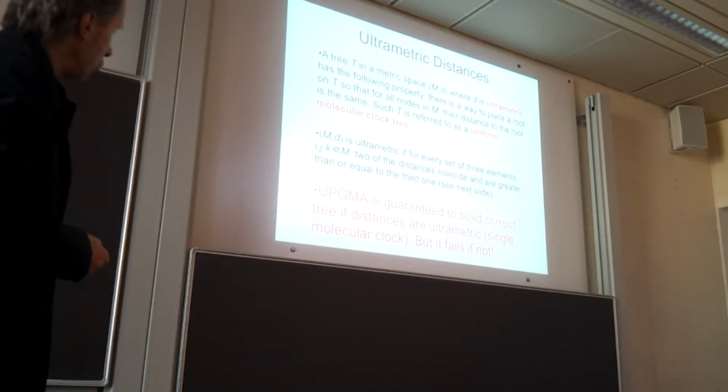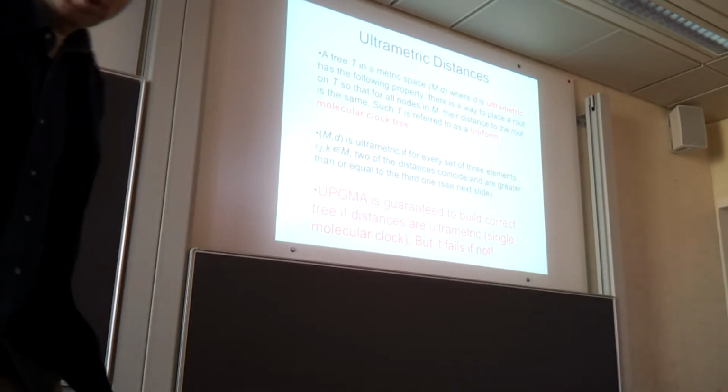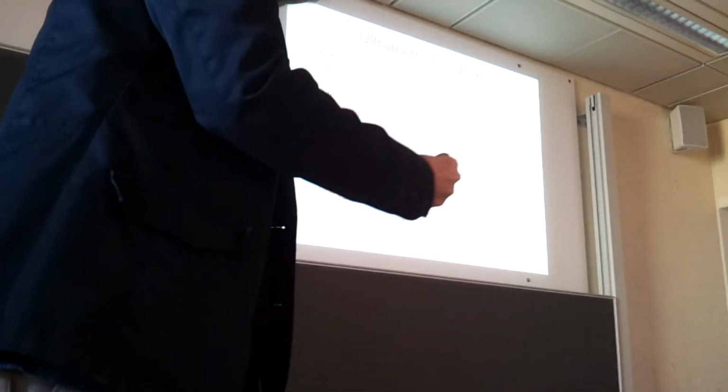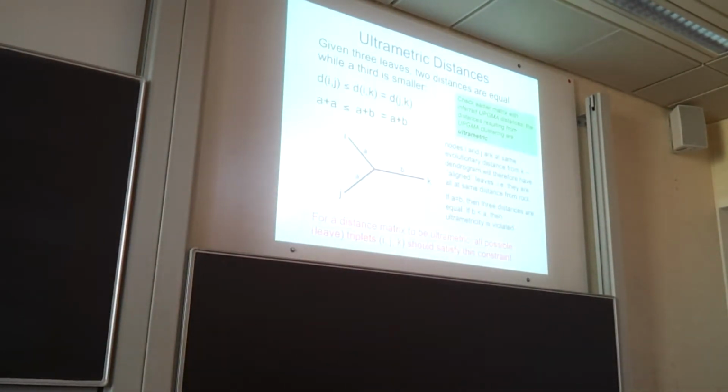So under that condition, UPGMA works well if the planet ticks uniformly. We know it doesn't, right? But under that assumption, it will, and here you see the red dots, it will horribly fail if the clock is not ticking uniformly.